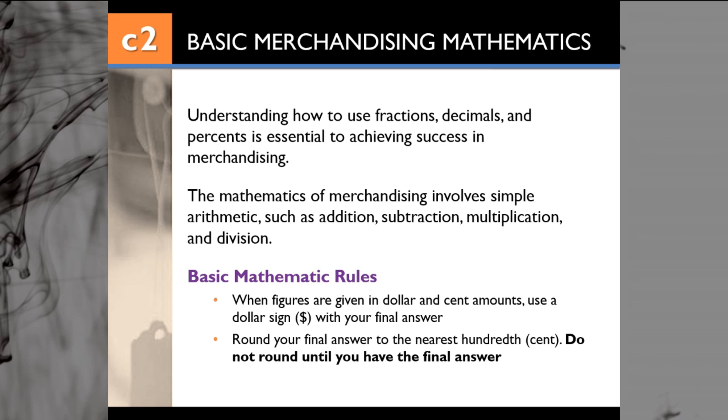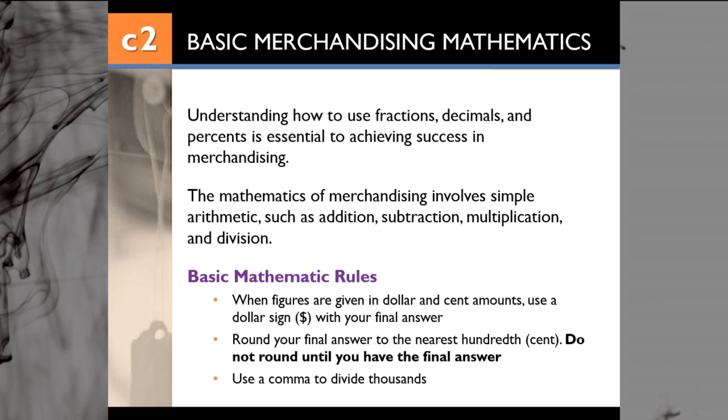Second, you have to round your final answer to the nearest hundredth, the cents. But do not round until you have the final answer. Calculate the final answer, don't worry about the decimals or percent along the way, and round when you get the final answer.